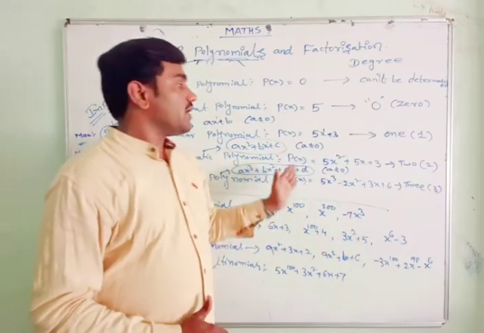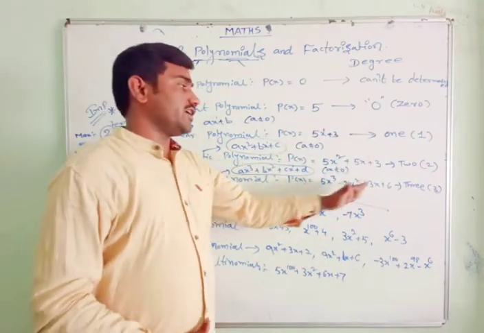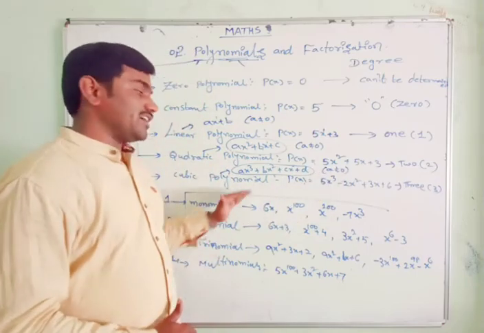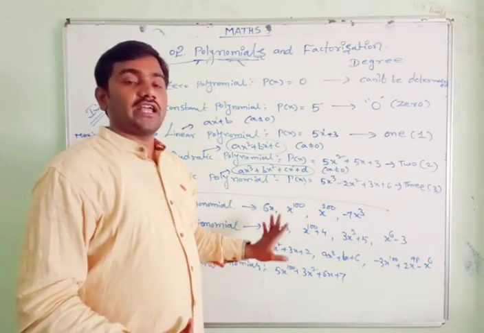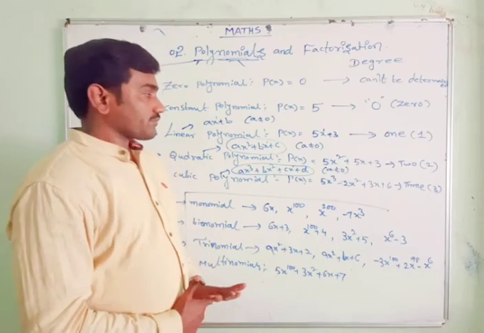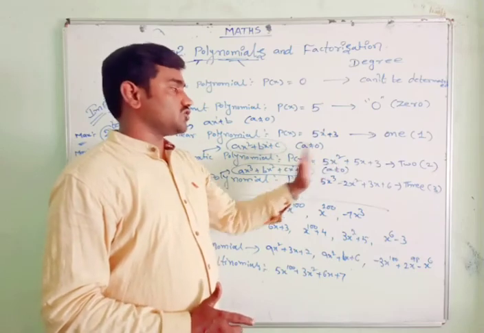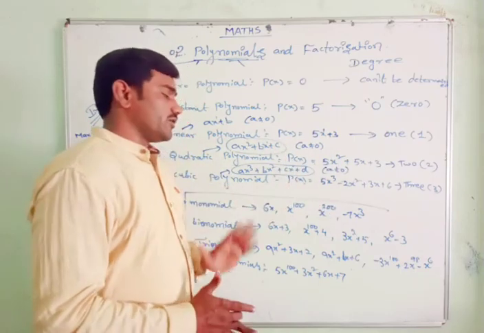That is very important. Linear polynomial degree is 1, quadratic polynomial degree is 2, cubic polynomial degree is 3. And based on the terms, we can say there are monomial, binomial, trinomial and multinomial.